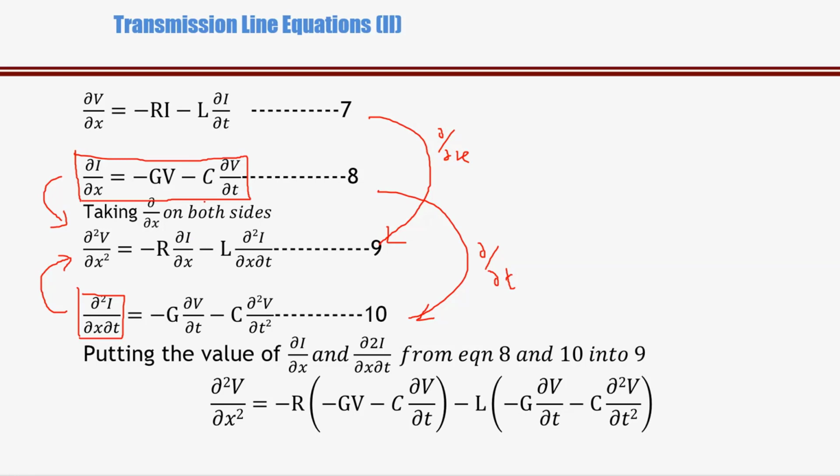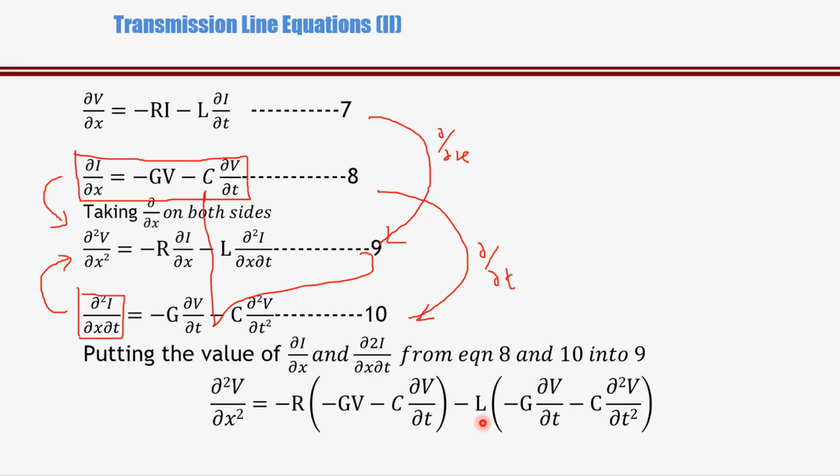So put equation number 8 and equation number 10 into equation number 9. Then what will I get? ∂²v/∂x², that is the left hand side, is equal to -r, and ∂i/∂x is nothing but -gv - c ∂v/∂t, so I have kept that in the bracket here.